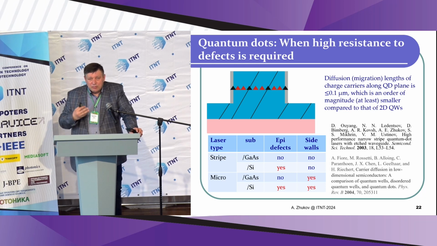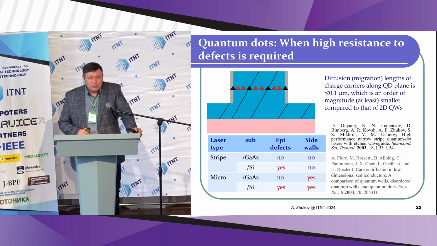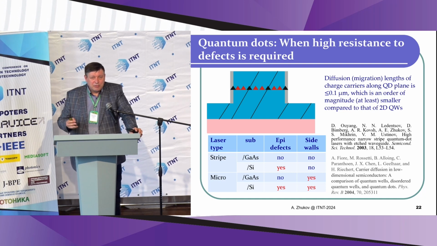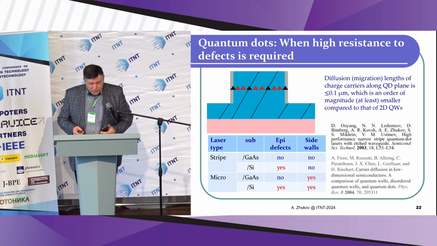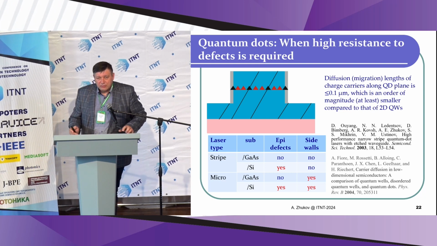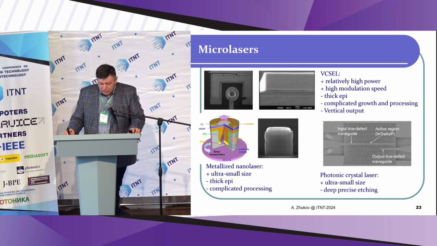And finally, the most difficult case is when micro ring or micro disc lasers are fabricated from a structure grown on silicon. In this case, we have two sorts of defects: surface defects and epitaxial defects. I will try to demonstrate in the last few minutes some achievements in these fields.